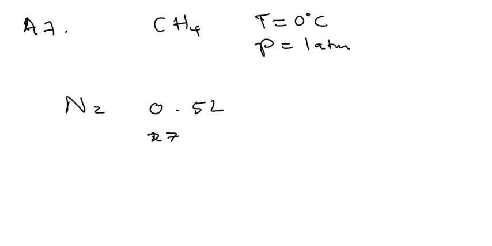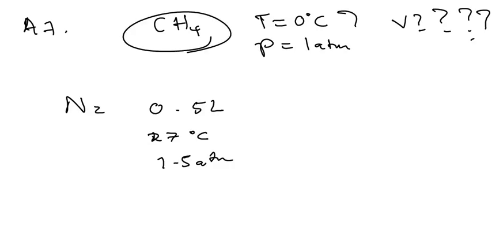So the temperature here is 27 degrees Celsius, and the pressure here is simply 1.5 atm. They're saying what volume, right? We're looking for the volume of this that will have the same number of molecules as the nitrogen. So now, according to our nitrogen, we can just formulate the equation here.